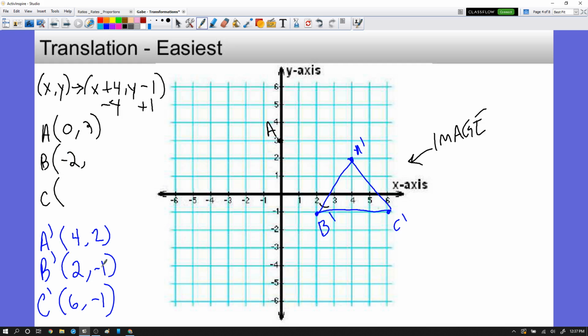And -1 plus 1 is 0. So -2, 0. That's B. 6 minus 4 is 2, and -1 plus 1 is 0. So 2, 0. There's C. So you can see that working backwards is just the opposite of working forward, and that makes sense.